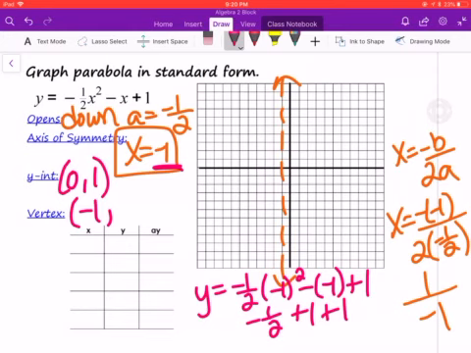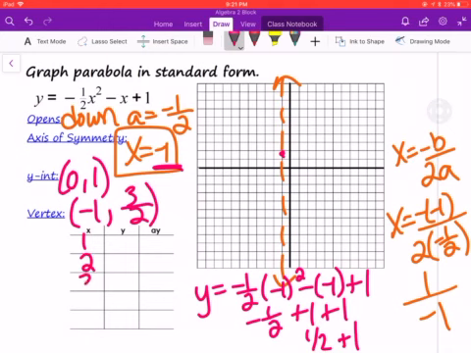So that will be negative 1/2 plus 1 is 1/2 plus 1 is 1 and 1/2. So negative 1 and 3/2, or negative 1 and 1.5, whatever you are most comfortable with. So that's right in between 1 and 2.